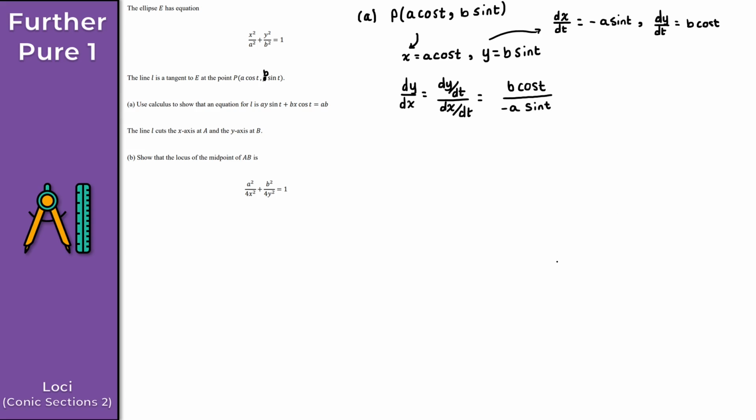Now for the equation of the tangent, all we're going to do is use y minus y1 is equal to m times x minus x1. So x1 is A cos t, y1 is B sin t.